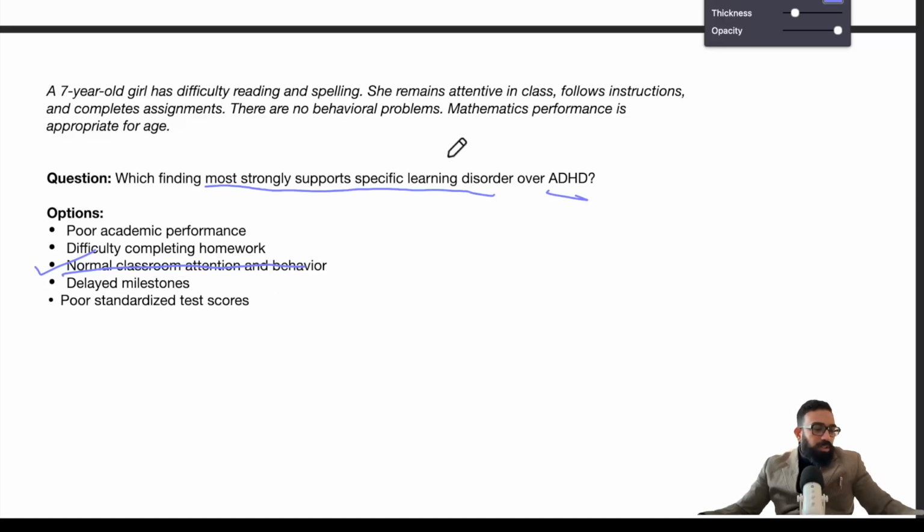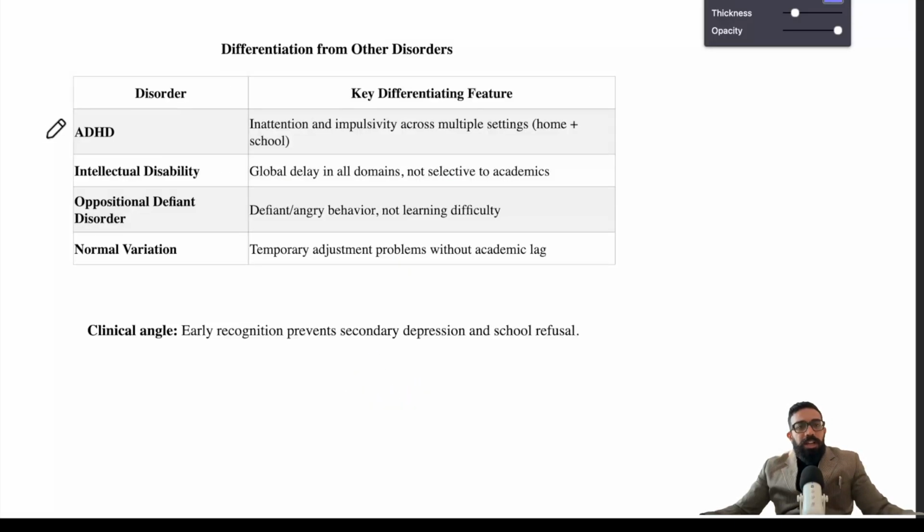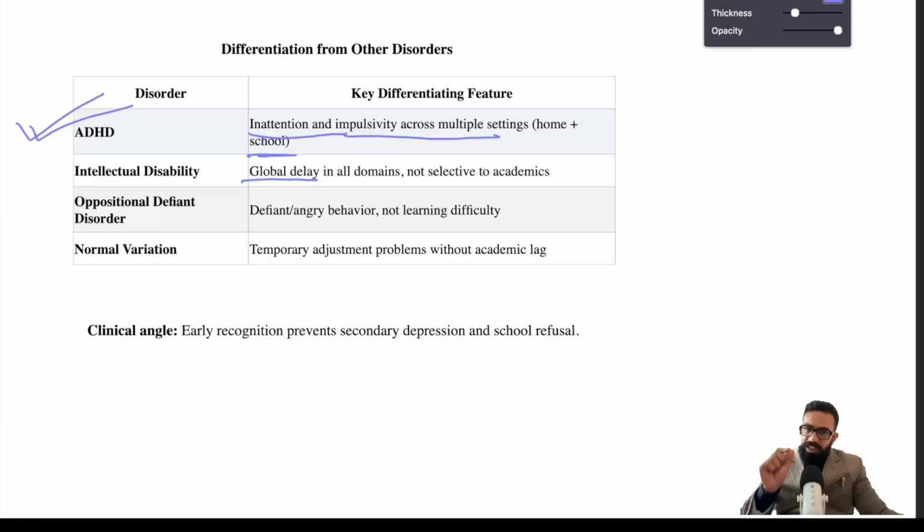So the USMLE basically needs to know whether you can tell the difference between ADHD and SLD. Like I've already told you, ADHD has inattention and impulsivity across multiple settings. This is what the vignette will clearly tell you. And if the answer is going to be intellectual disability, they will tell you that there is a global delay in all the domains, not specifically academics.